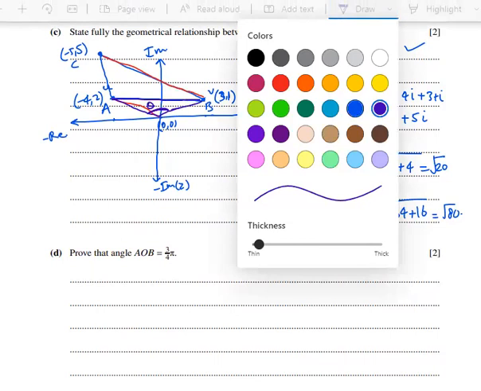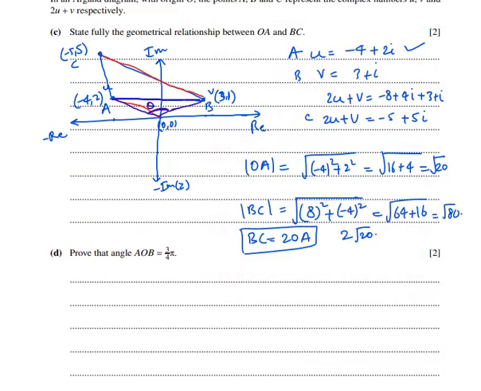In order to find the angle between two complex numbers, we know that the argument of u/v is equal to the argument of u minus the argument of v, isn't it? Now AOB is made up of u and v, the complex numbers u and v, that is OA and OB. That is what they have asked. Prove that the angle is this, right?